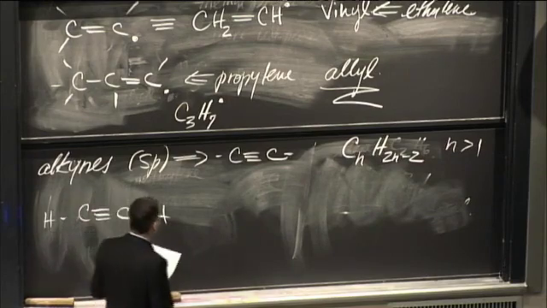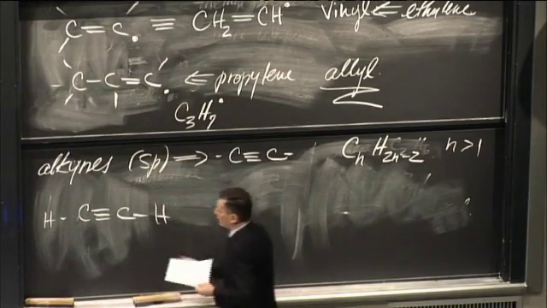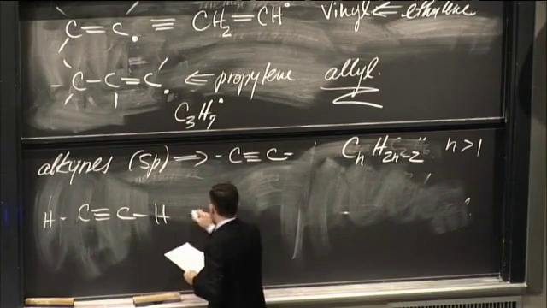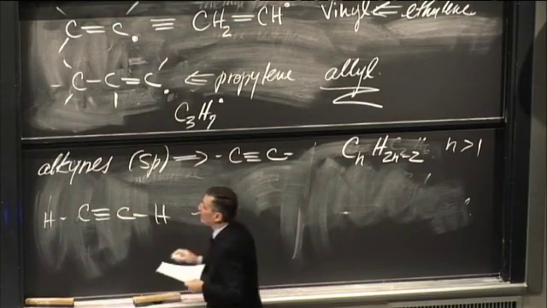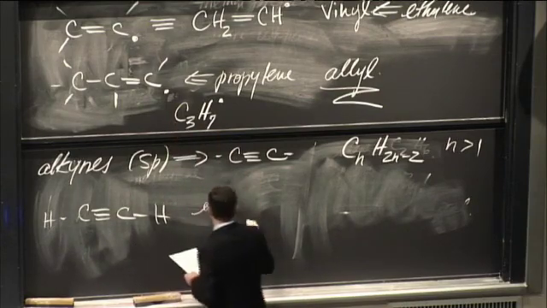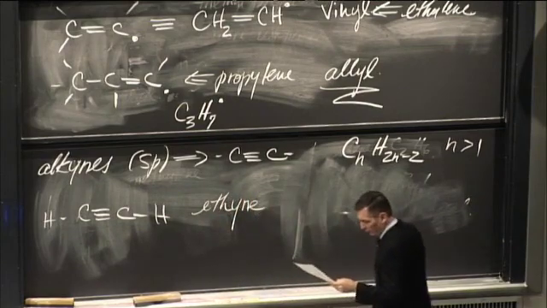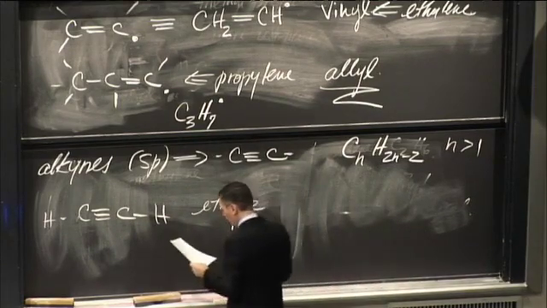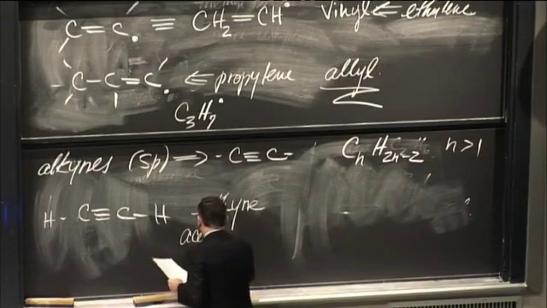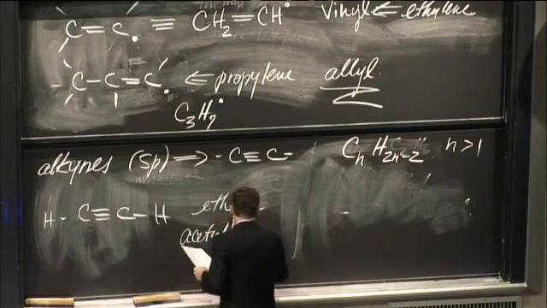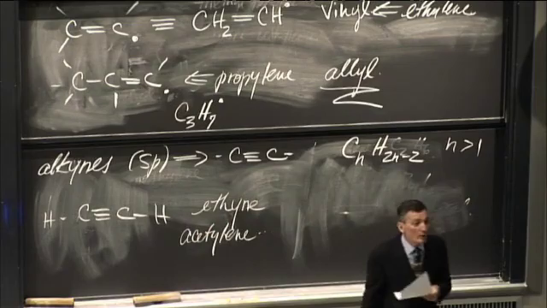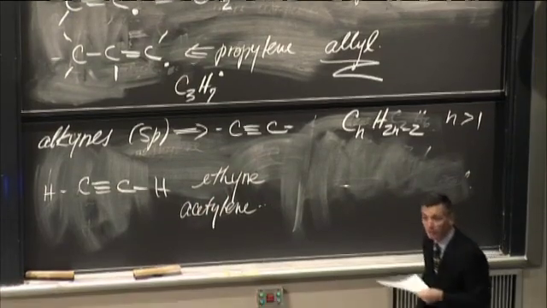So according to IUPAC nomenclature, the 2 carbons means it has to be eth, and these are all alkynes, so this should be ethyne. And if you ask for ethyne, nobody knows what you're talking about, although it's very correct. This is known as acetylene, which is a fuel gas for welding, cutting torches, and so on.